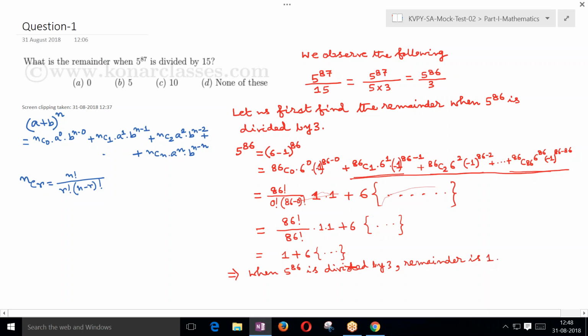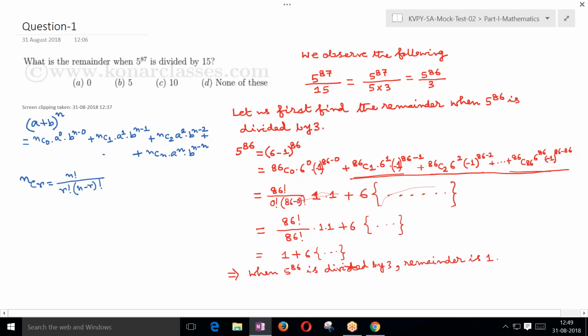Now the point is that we have cancelled the common factor 5. That common factor 5 we need to revert back. We have cancelled the common factor 5, so that 5 has to be reverted back, correct? You remember here we cancelled that 5, so this 5 has to be reverted back.